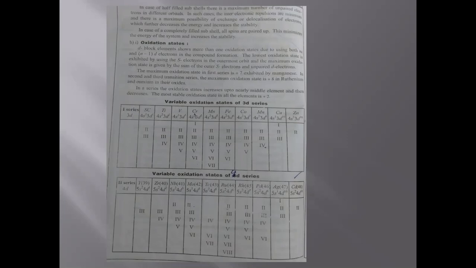See, scandium can show +2 and +3 oxidation state. In the same way, titanium can exhibit +2, +3 and +4 also. Coming to vanadium, it can exhibit +2, +3, +4 and +5 also.